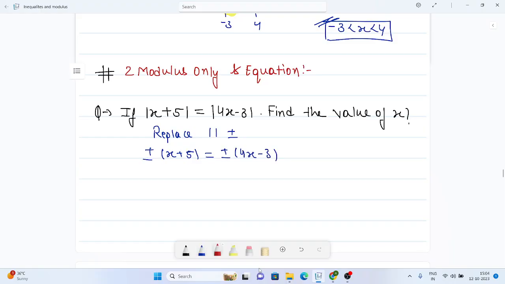Now see here, see on the screen. Here I got 4 cases, plus plus, plus minus, minus minus, or plus plus, right? So I have to solve the 4 cases.